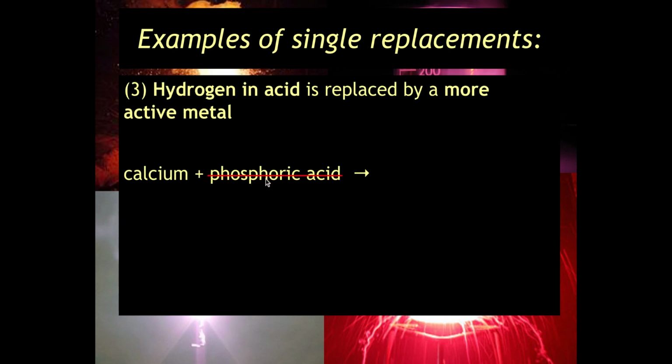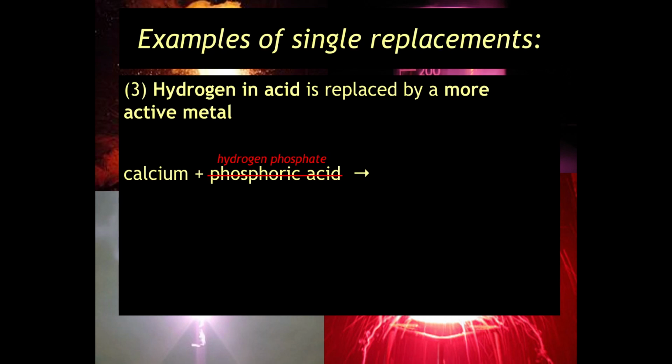So change that name, phosphoric acid. Anytime you see acid, there's a hydrogen there. So you just change the name to hydrogen at the beginning. Whenever you see acid, it's going to be hydrogen at the beginning, and then the beginning word, you're going to change the ending to ate. So hydrogen phosphate.